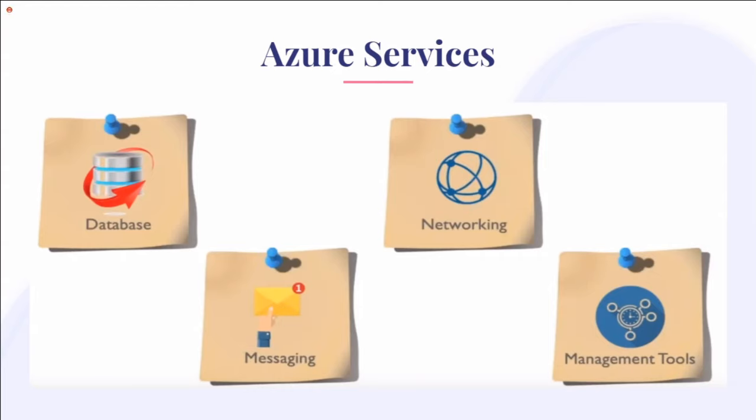In order to have connectivity between on-premises and the Azure cloud, so that data can be migrated from on-premises to the cloud or vice versa, there are 3 types of networking which Azure provides. The first one is point to site, the second one is site to site, and the third one is ExpressRoute.